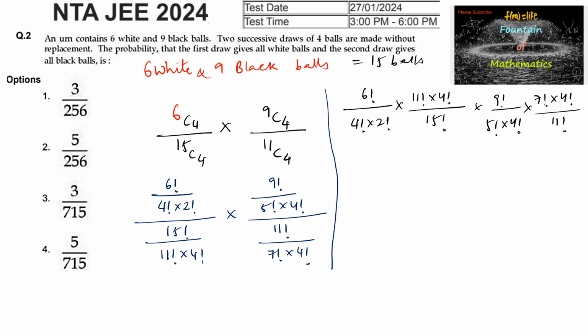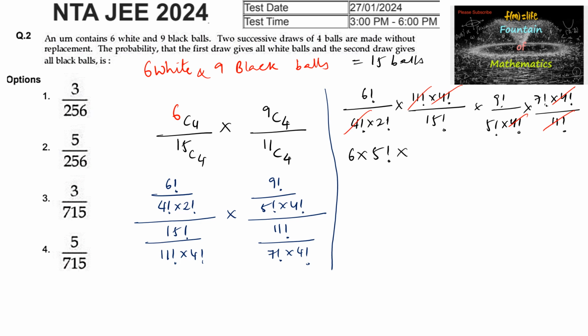So let us simplify here. 11 factorial gets cancelled, and one 4 factorial gets cancelled here, and again one 4 factorial gets cancelled. So the remaining we can write as 6 factorial, we can write 6 into 5 factorial, so that these both get cancelled.